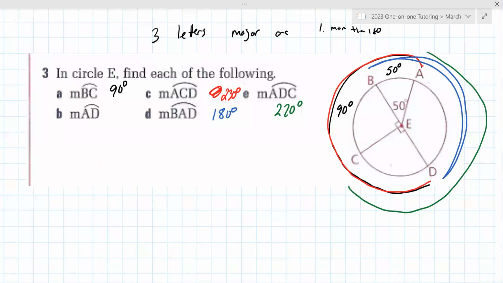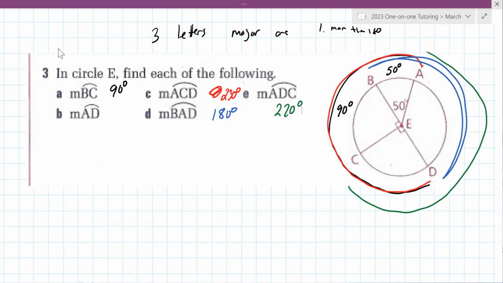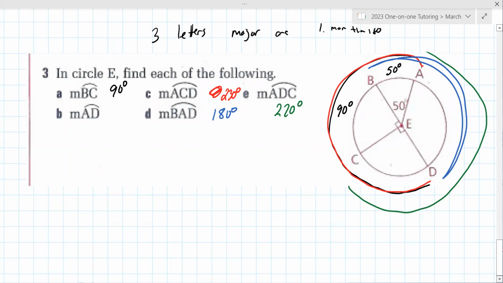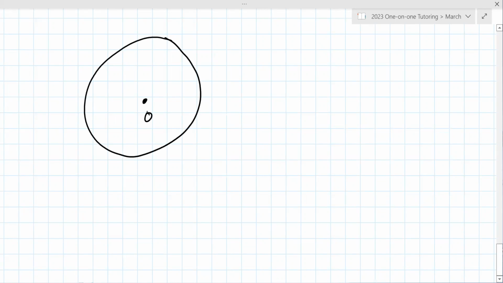Nope. Okay. So there's another type of angle that I couldn't really tell if your book covered it, but it's related to these. The next type of angle is, here's the center of the circle, and you draw 2 chords now. Okay, so 2 chords.